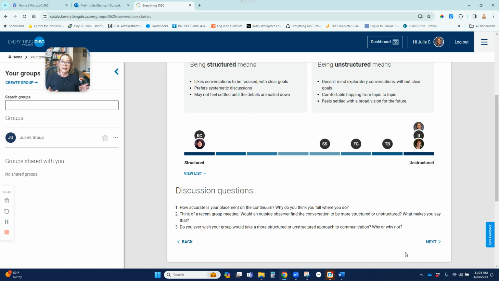So you can see by looking at these two continua that relate to how people make decisions and the types of information they need to make decisions, you can really have an in-depth conversation, very robust, and really learn a lot about how people prefer to work, how to adapt so you can work more effectively given the situation, and what might make people more comfortable and uncomfortable.